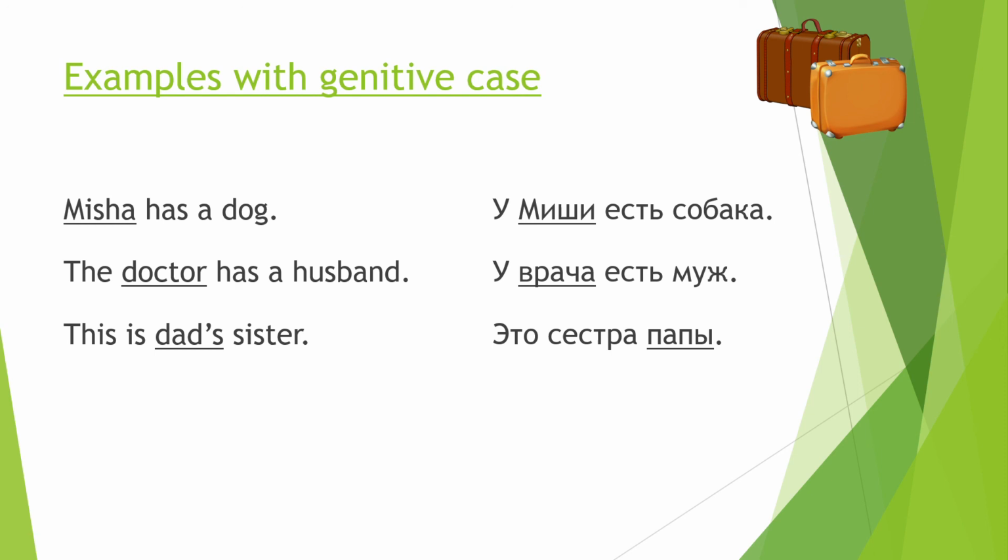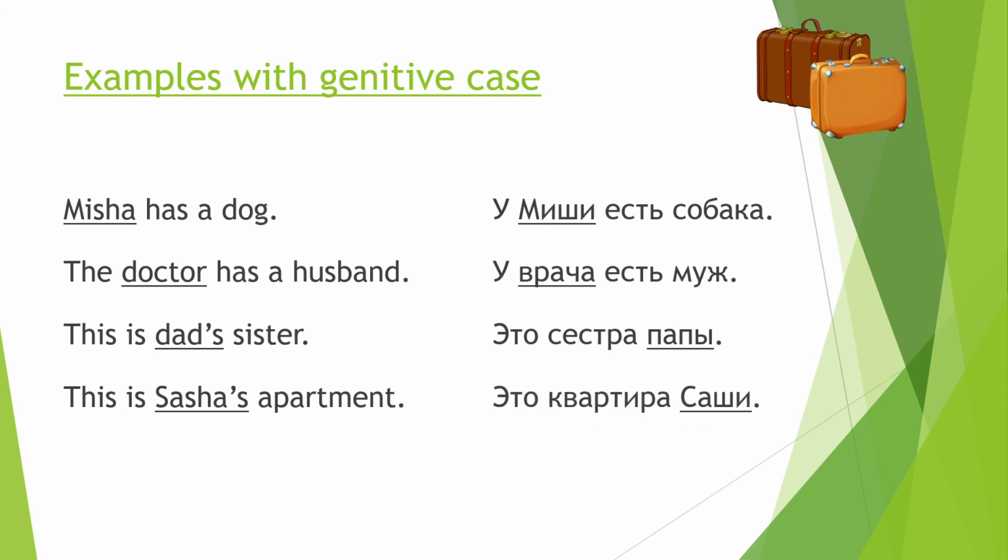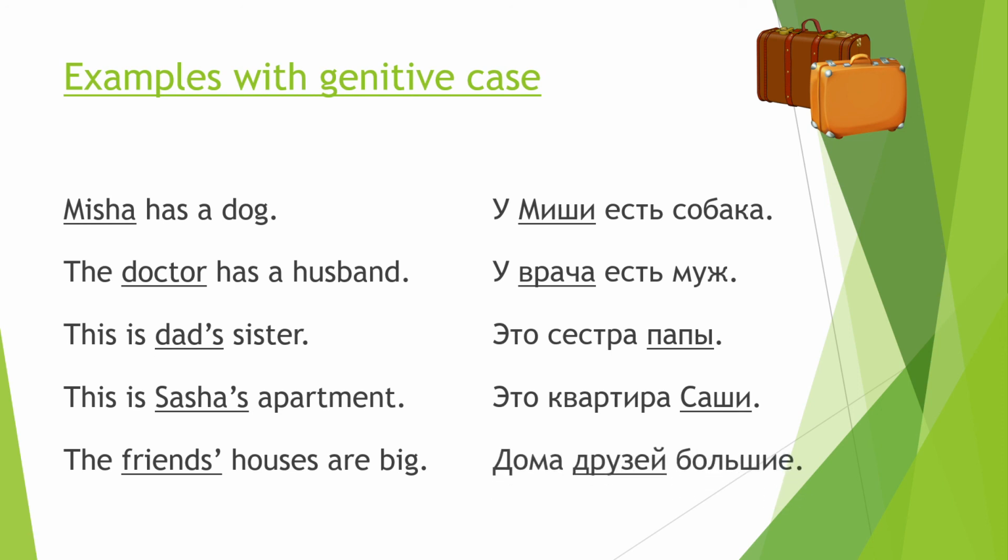Это сестра папы. This is Sasha's apartment. Это квартира Саши. The friends' houses are big. Дома друзей большие. Okay, so remember, order matters here. The object comes first, then the person possessing that object.